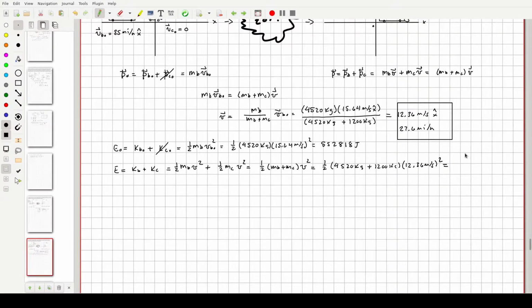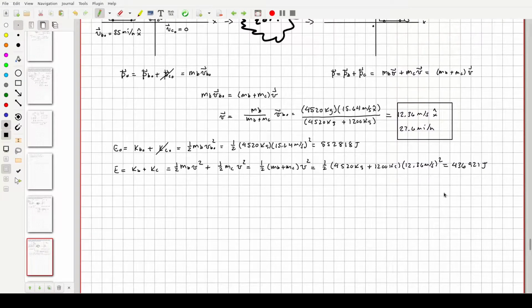So, what do you get here when you do it? 1/2 times 4,520 plus 1,200 times 12.36. Square that. I get 436,921 joules. Now that's interesting.